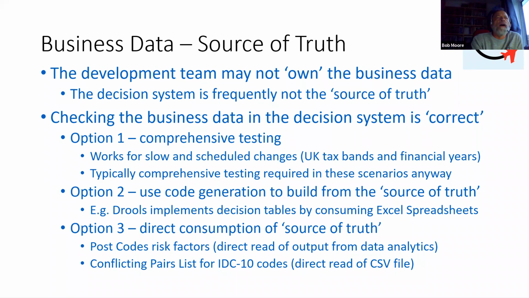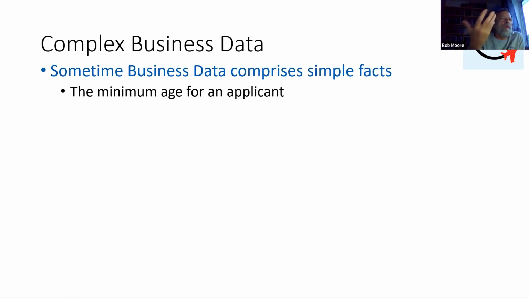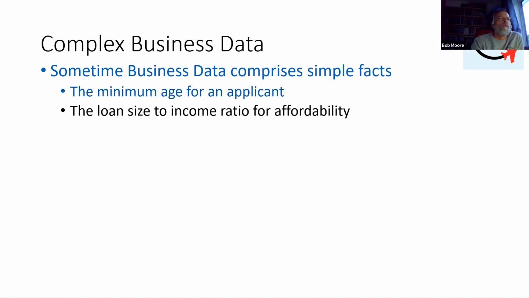Another topic which I'd like to touch on, this is something I can't really go into as much detail as I would like to, but it's one of my hobby horses, is looking at complex business data. Now, sometimes business data is just simple facts. So it might be the minimum age for an applicant, or it might be the loan to income ratio for affordability.